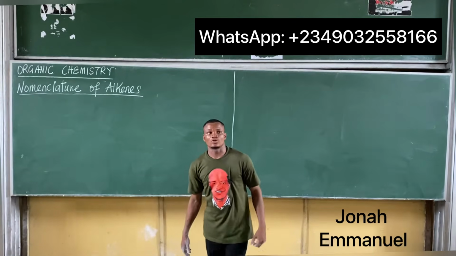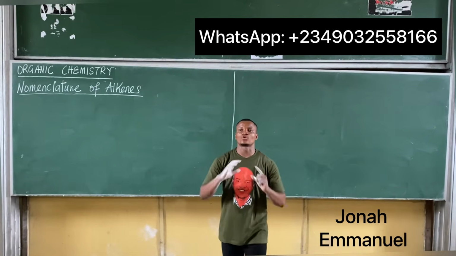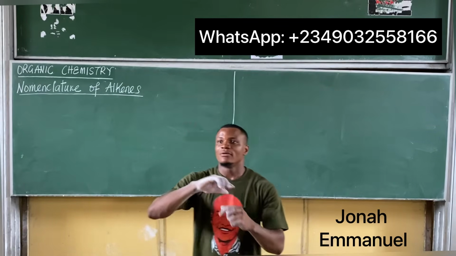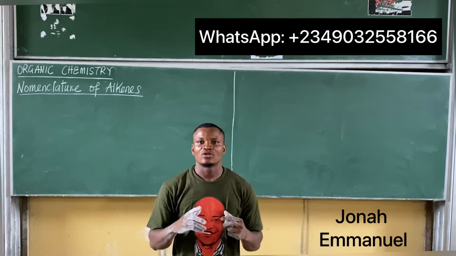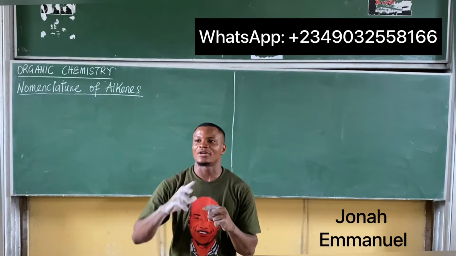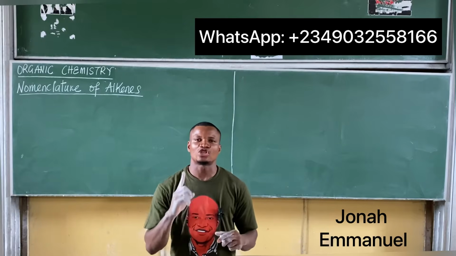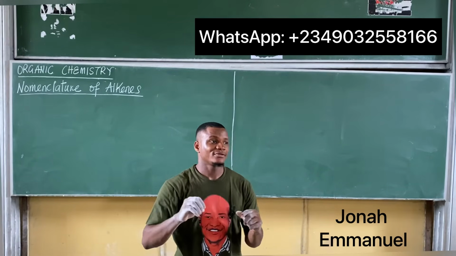Please, the rule when it comes to alkenes changes. When we did naming of compounds, it was always an alkane. There's a reason why we did that. When it comes to alkenes, the rule changes. Well, the rule remains the same. It is the priority that changes.